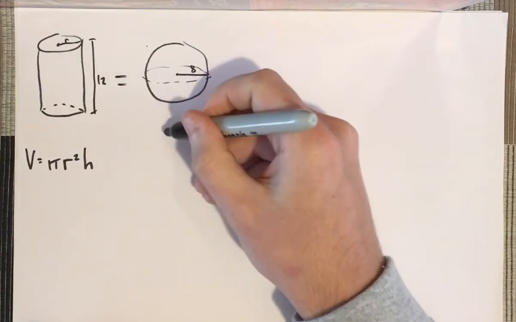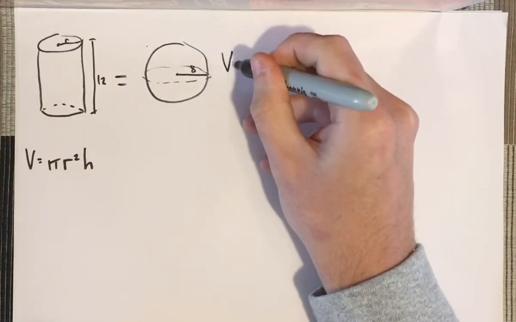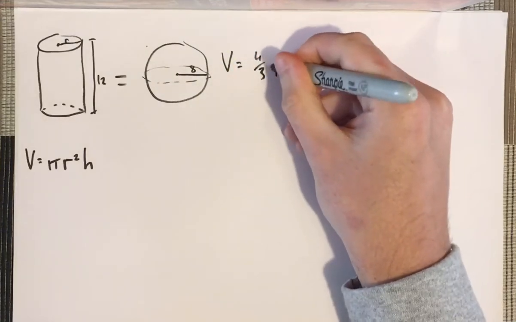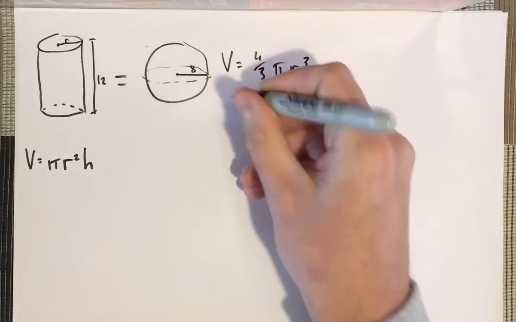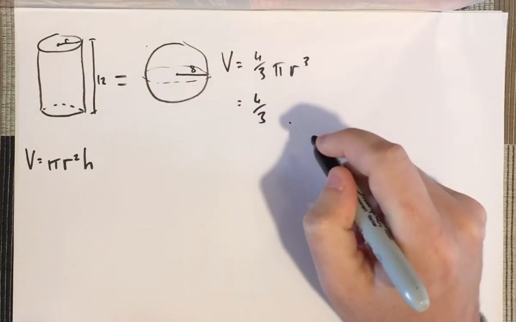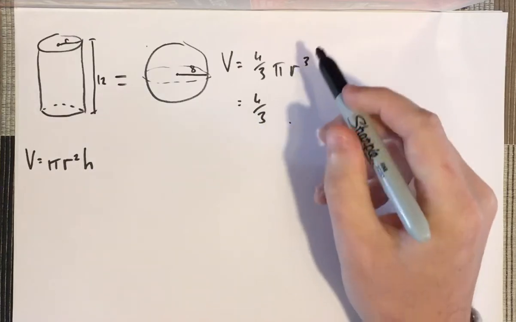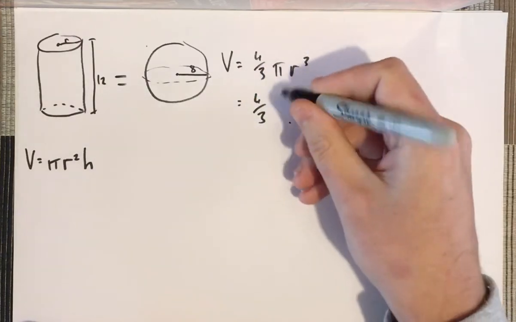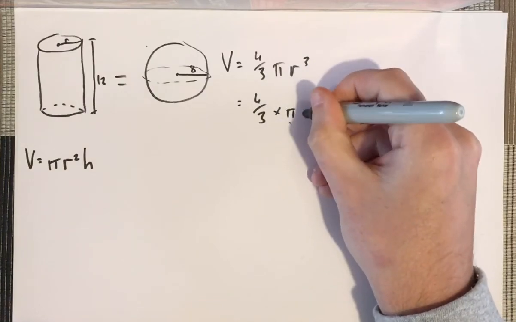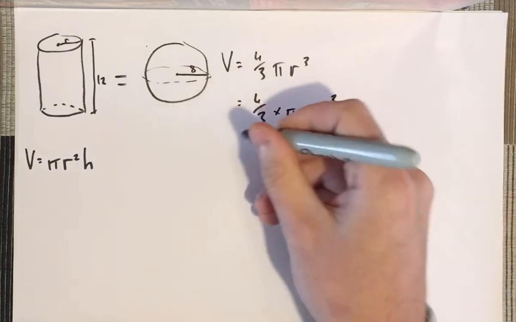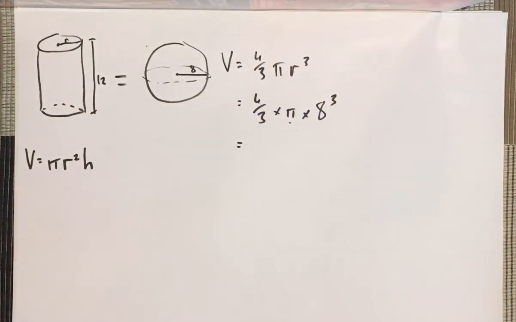Okay, so the volume of a sphere is 4/3 pi r cubed. So it's 4/3. I'm going to do this in terms of pi. You'll see why in a second, but I'm not going to substitute anything in for pi. So 4/3 times pi times the radius, which is 8, so times 8 cubed.